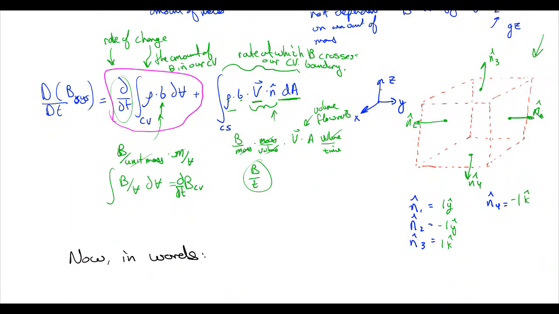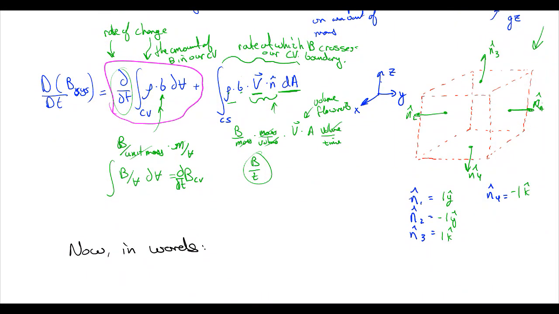So that dot product means that our velocity, which is a vector, which has an x, y, and z component, is then dotted into the unit normal face for the control volume. And remember, what the dot product does is it takes the component of the two vectors that you're dotting that are parallel and multiplies them together.